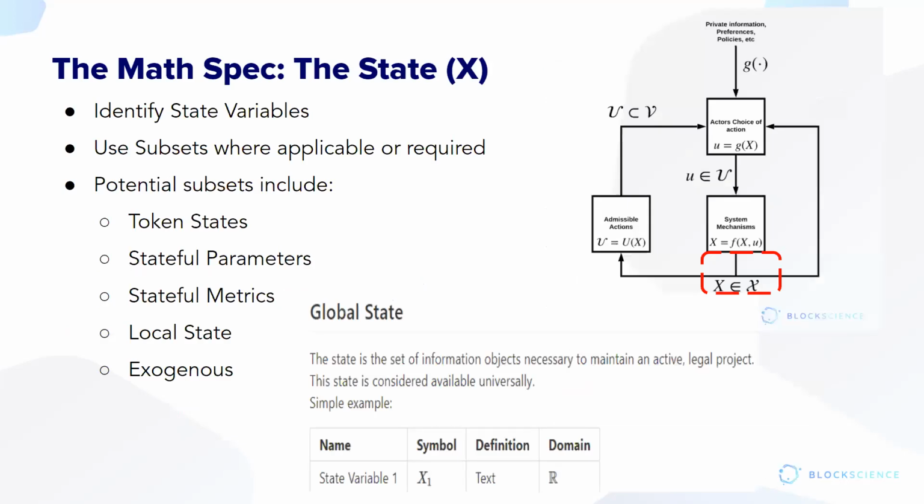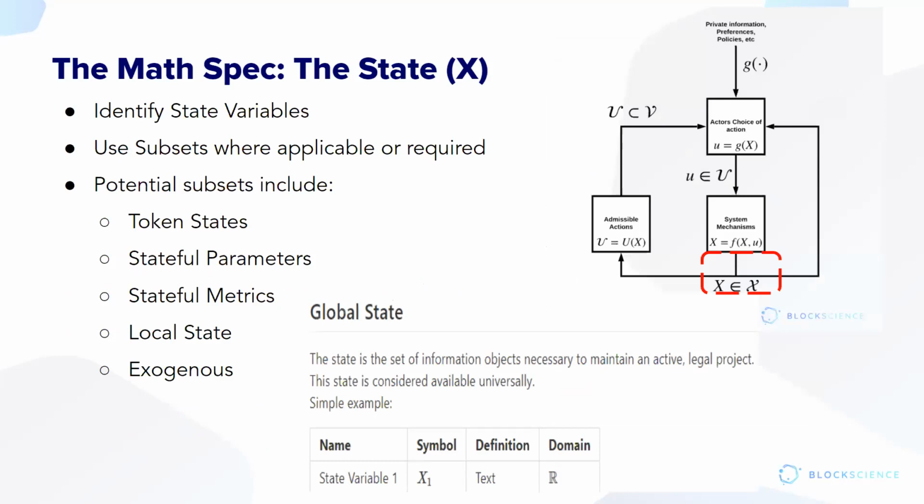Okay, so trying to tie this back to what you saw last week with the GDS. The first place that we'll dig into is that global state, which we just use as X, the state of the system.